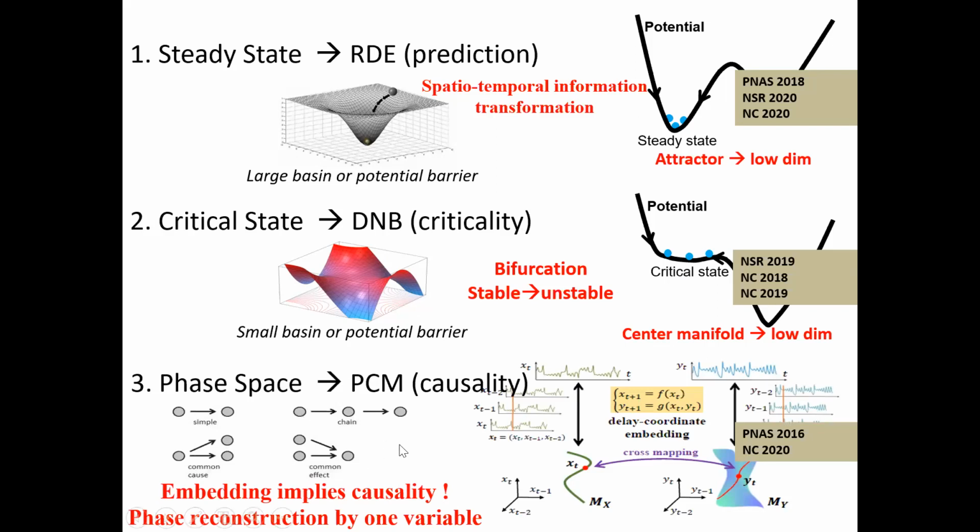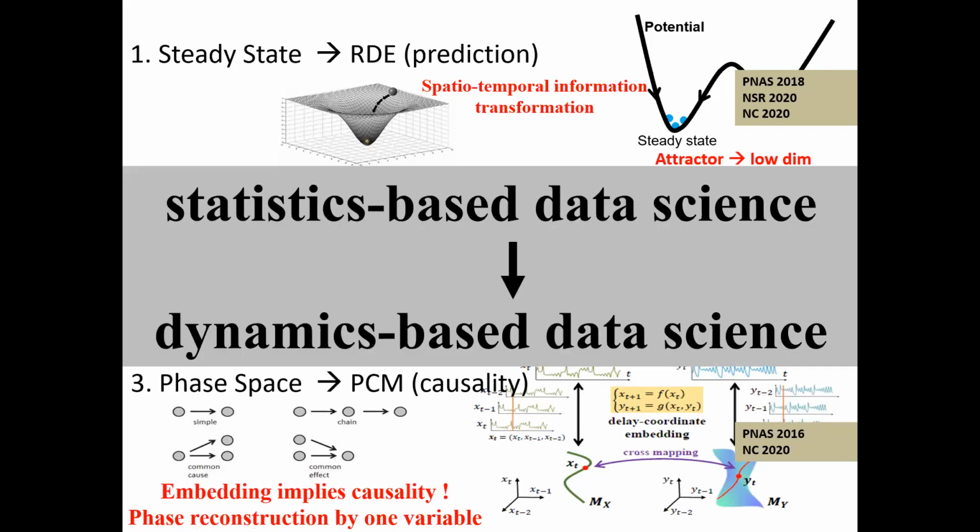Then from the reconstructed spaces of 2 variables, we can infer their causal relation. This is also very important because causality is always an important topic in science. So that is what I call moving from statistical-based data science to dynamics-based data science.